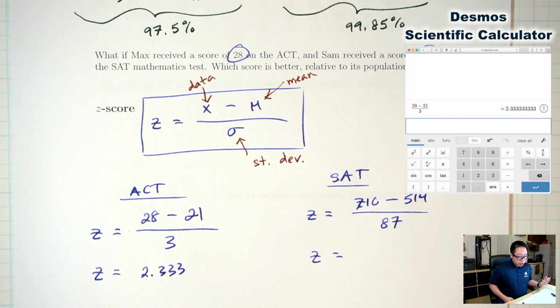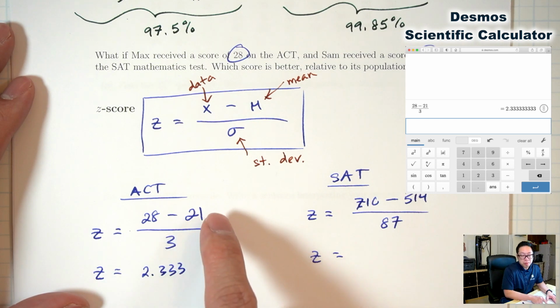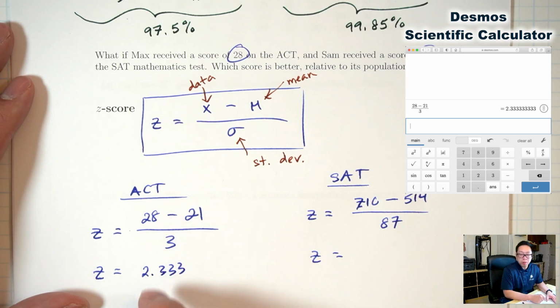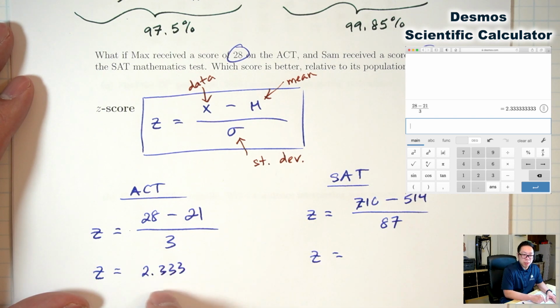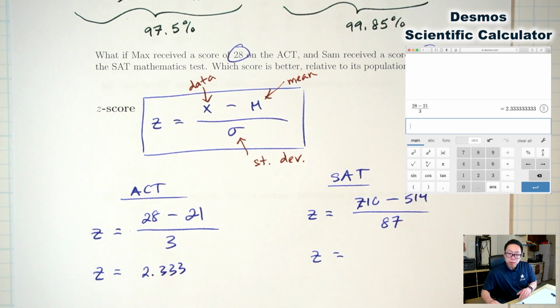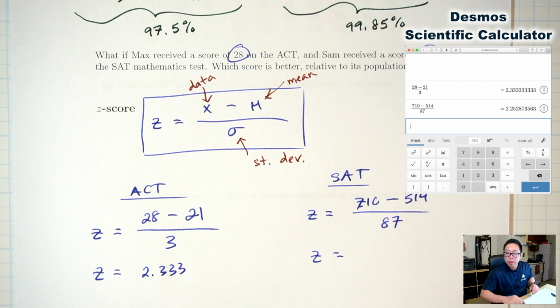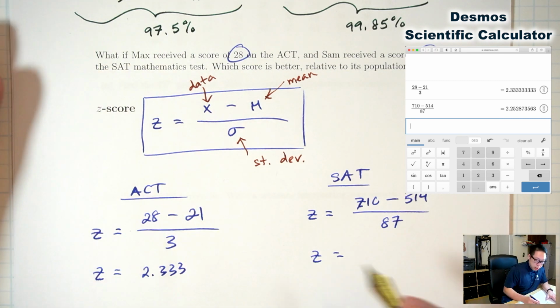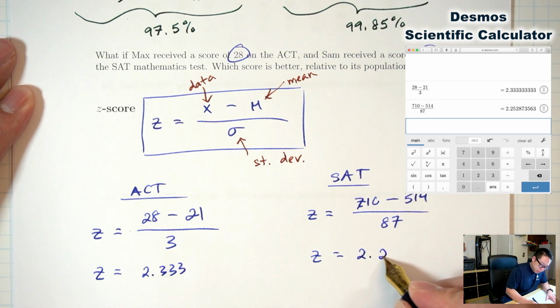If you're using another calculator, then you should probably do 28 minus 21 equals, and then divide by 3. So 28 minus 21 is 7, and then 7 divided by 3 is this answer. So for the SAT, 710 minus 514 over 87, rounded to 3 decimal places, that's 2.253.